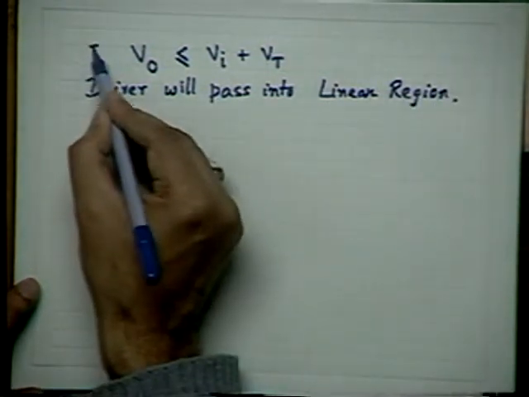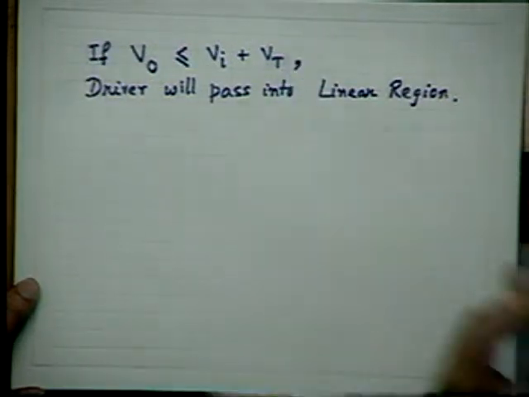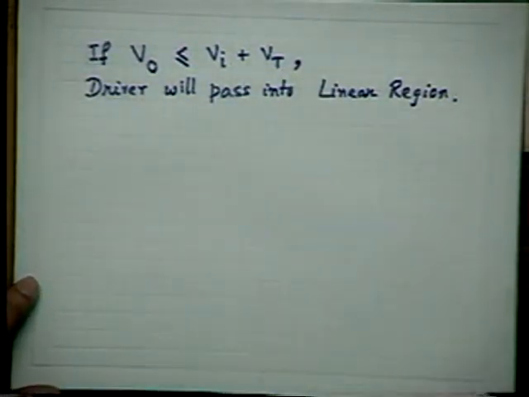So if this other criterion is satisfied, the driver will go into the linear region, and in that case I have to use the driver current expression valid for the linear region. So you please check your expression.